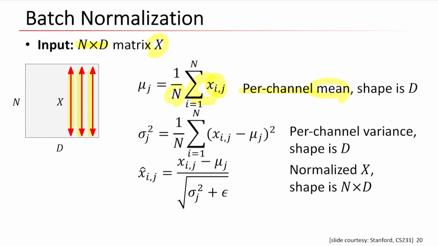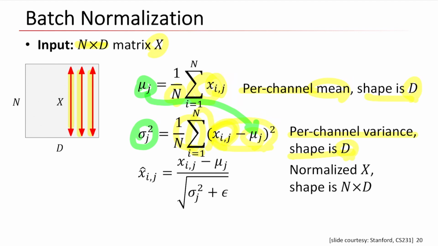This is just the mean. In this case, the shape of the mean is D dimensional, right? Then what about the variance? To compute the variance, we subtract this mean from each x_ij, compute the square, and aggregate, right? So it will be sigma squared j, the per-channel variance, whose shape is D, right?